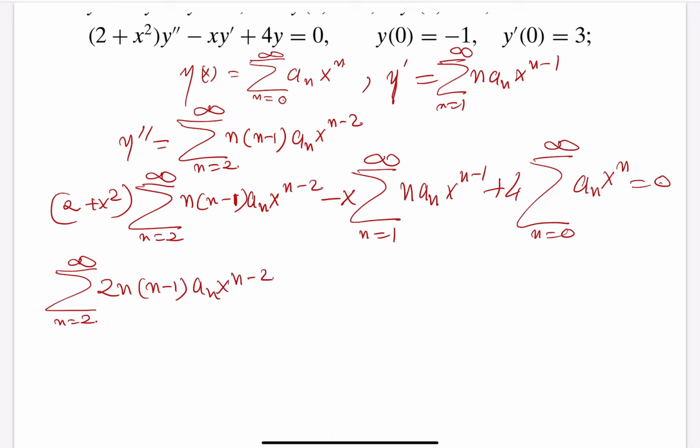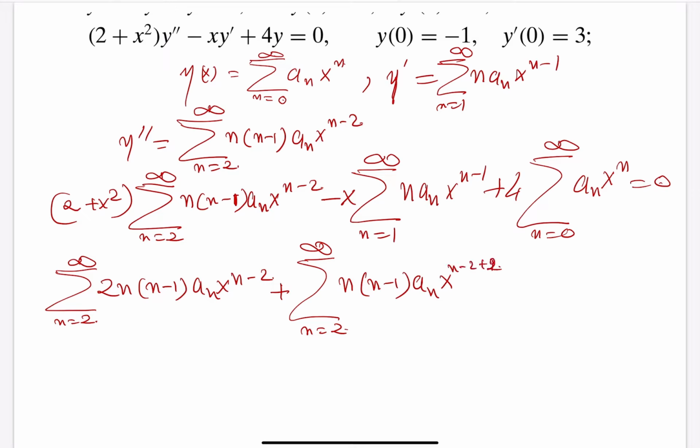If you feel you understand, you can go ahead, just move it fast, that's okay. And you have plus the series n equals 2 to infinity of n(n minus 1) a_n x to the n, since minus 1 minus 2 plus 2 is just 0.